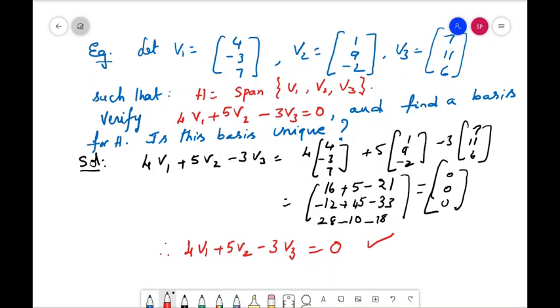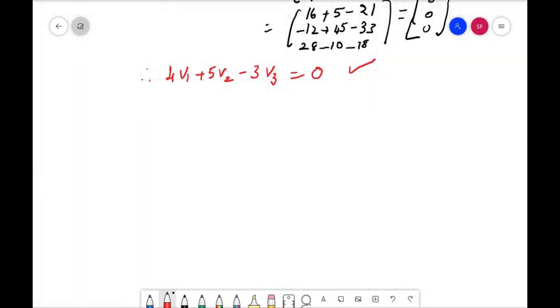Now our next concept is to find a basis from these three given vectors, which span H, and we learned earlier that by taking these vectors into a matrix we can check which vectors can form a basis. Before that, let us check this equation once.